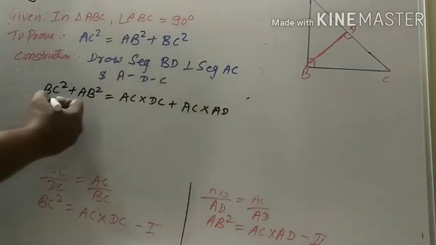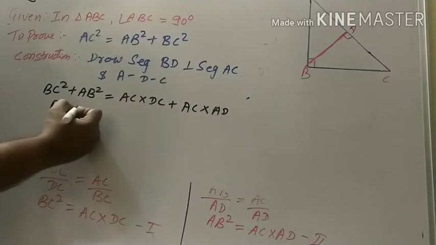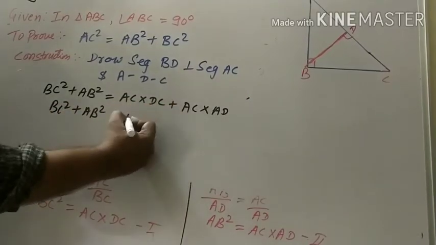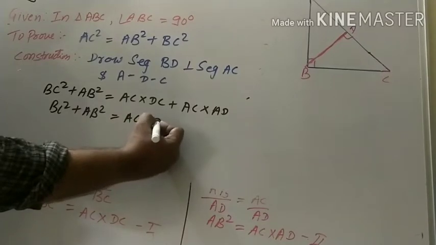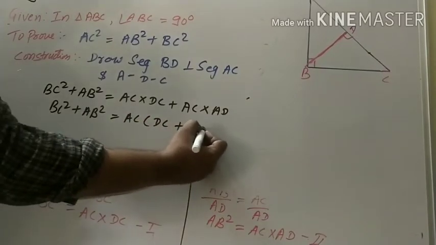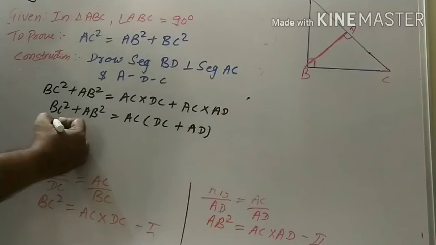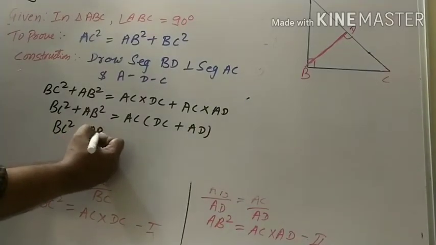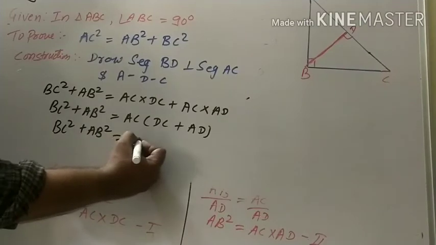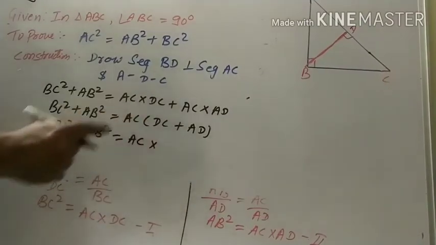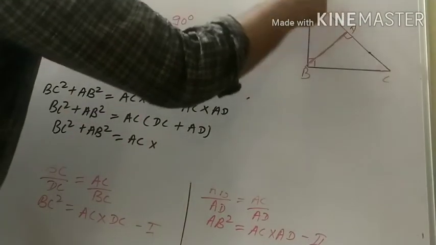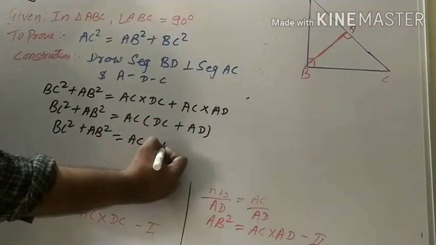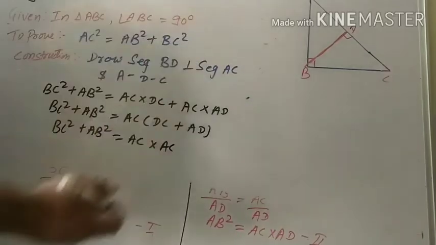Now BC square plus AB square, here AC is common, we take AC as common: AC into DC plus AD. DC plus AD becomes what? DC plus AD becomes AC, because ADC is collinear.